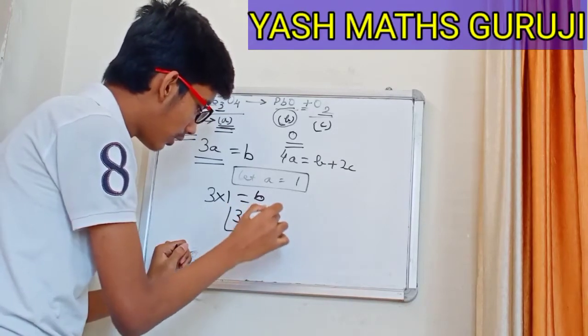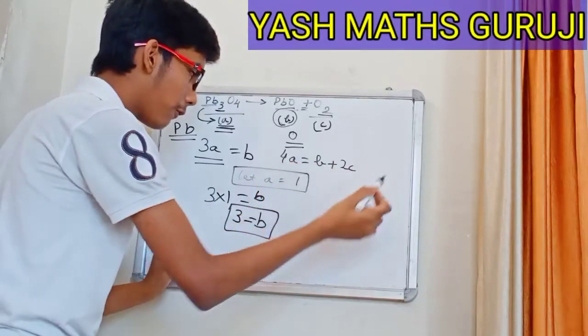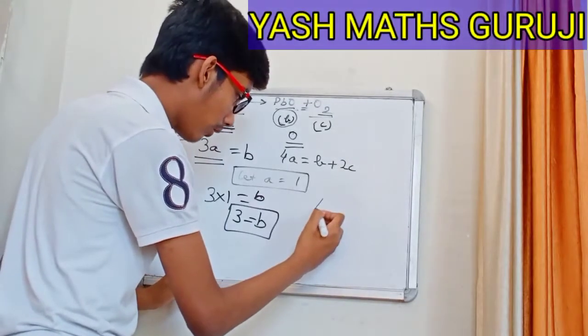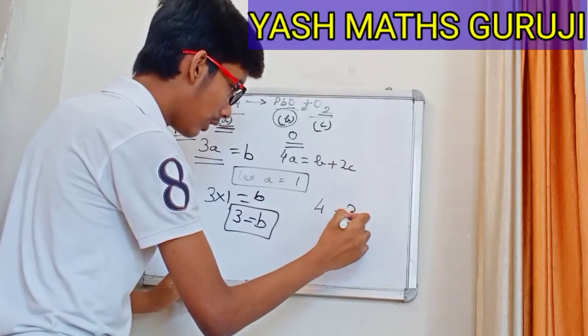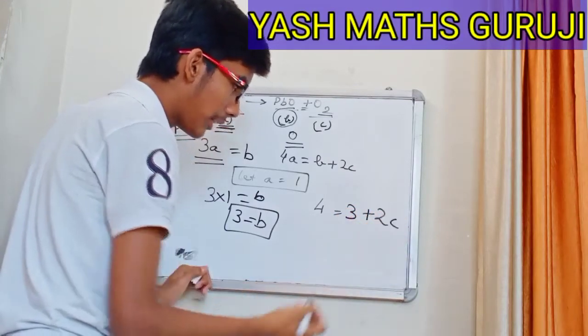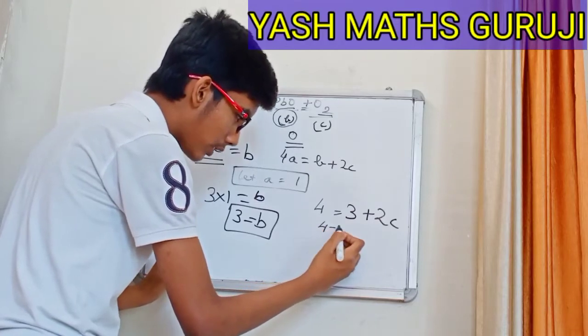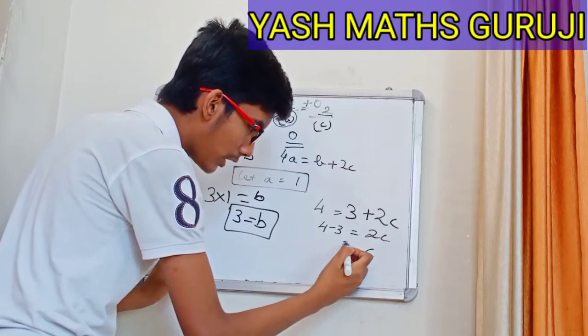Okay friends, so A equal to 1, B equal to 3, and for C we will take out the value. A equal to 1, 4 into 1 is 4, equal to B, 3, plus 2C. We will take out the value of C. 4 minus 3 equal to 2C. Therefore the value of C is half.